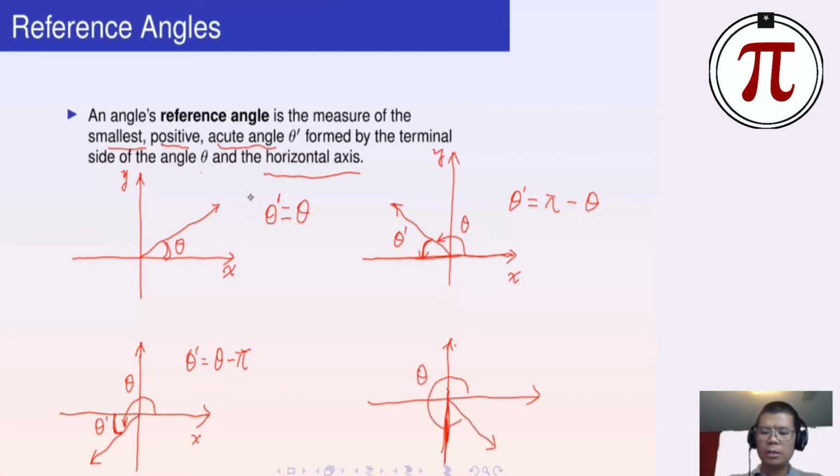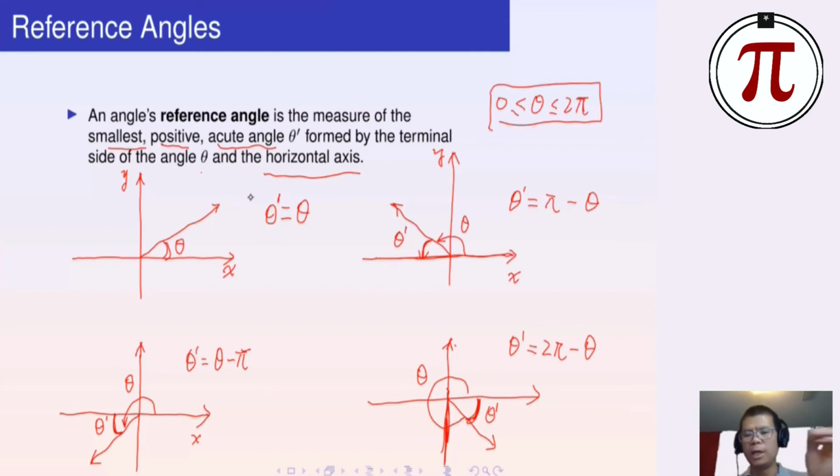Then my theta prime becomes this one. So theta prime equals 2 pi minus theta. Of course, here I'm talking about when theta is between 0 and 2 pi.